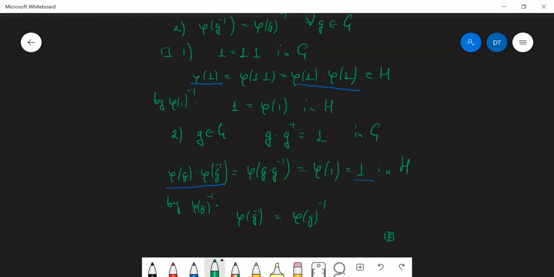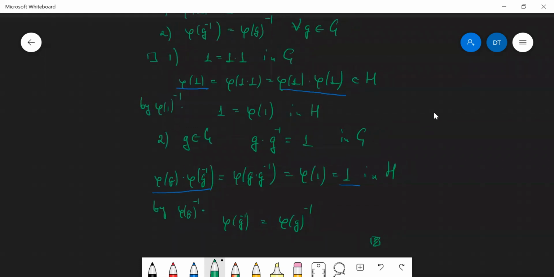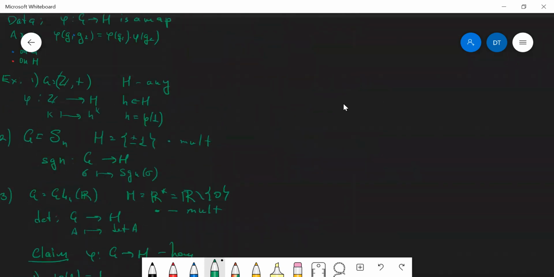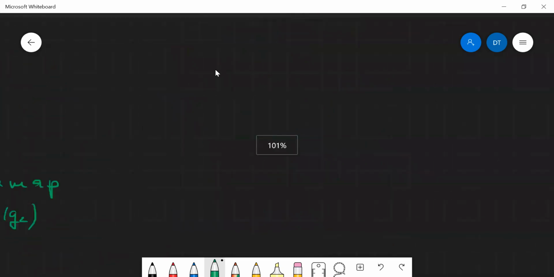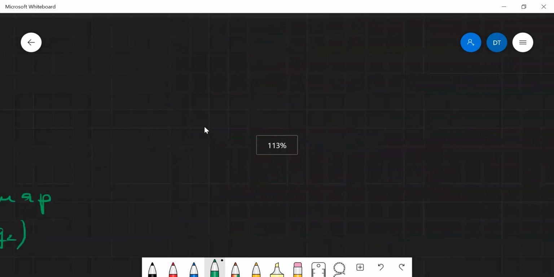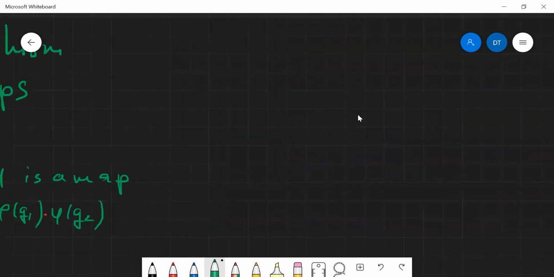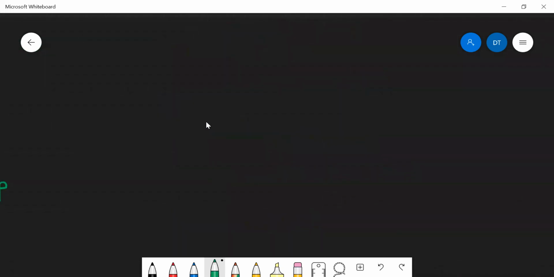Okay, so now I want to give you the second definition for today, which is the definition of an isomorphism. So the homomorphism is a way to compare two groups, but if we want to say that two groups are the same we want the notion of an isomorphism. So again, let G and H be groups.